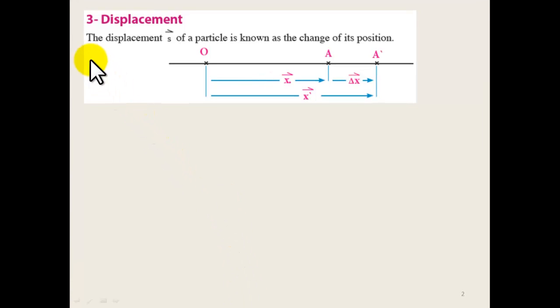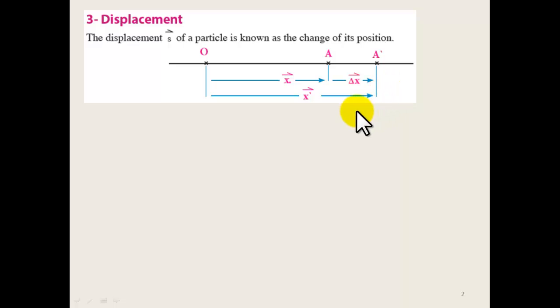Displacement. The displacement S, which is a vector of a particle, is known as the change of its position. Here we have a particle whose position changed from A to A dash.